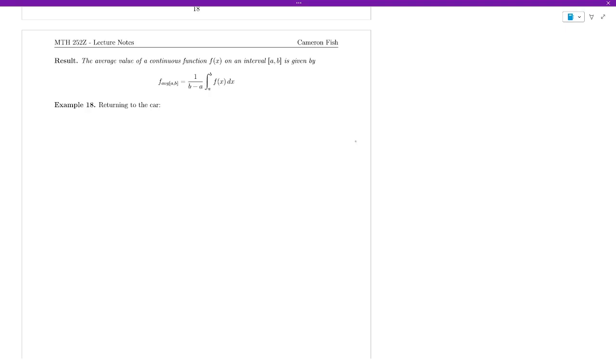Multiplying by 1 over b minus a is the same as just dividing by b minus a. So you could totally write it like this. It's exactly the same thing. This is just more common for some reason. What's b minus a? Well, it's got to be the width of that interval, right? We're going from a to b. b minus a is just how wide this interval is.